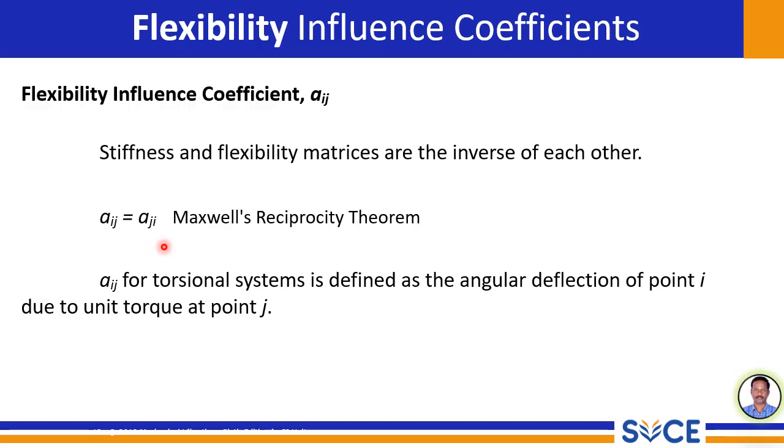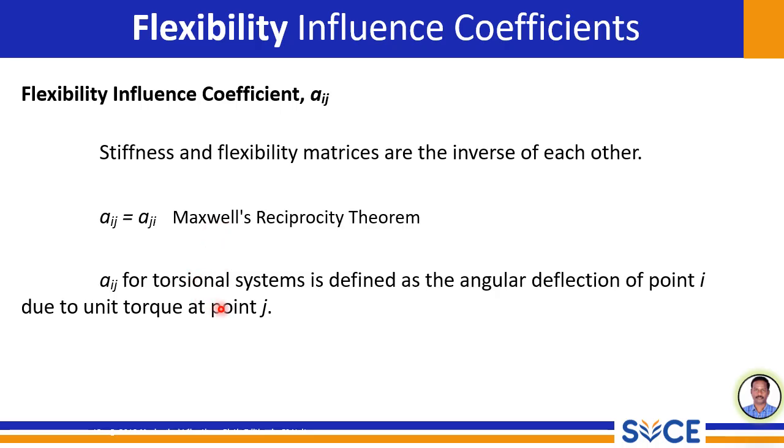Physically, this implies that the deflection at point i due to unit load at point j is the same as the deflection at point j due to unit load at point i. This is known as Maxwell reciprocity theorem and it is a significant property for linear elastic systems.